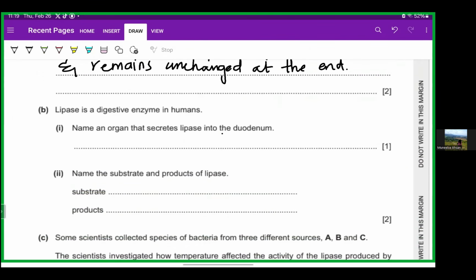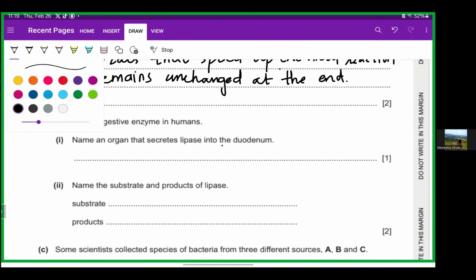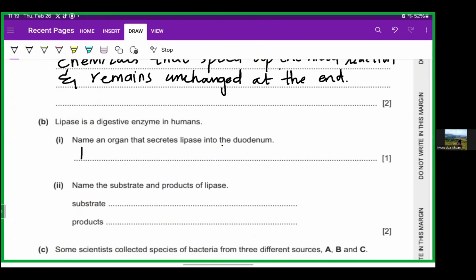Lipase is a digestive enzyme in humans. Name an organ that secretes lipase into the duodenum. So they are talking about pancreatic lipase, hence the organ would be pancreas. Okay. Next part, name the substrate and the products of the lipase.